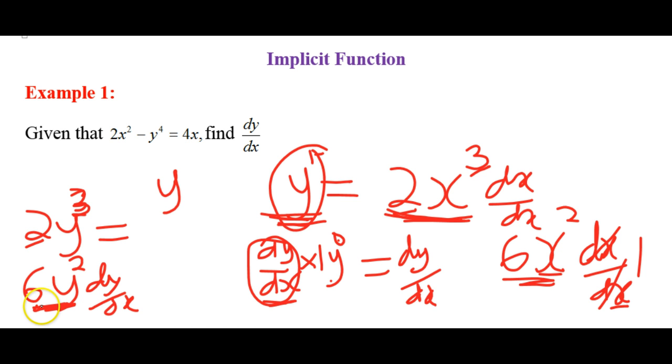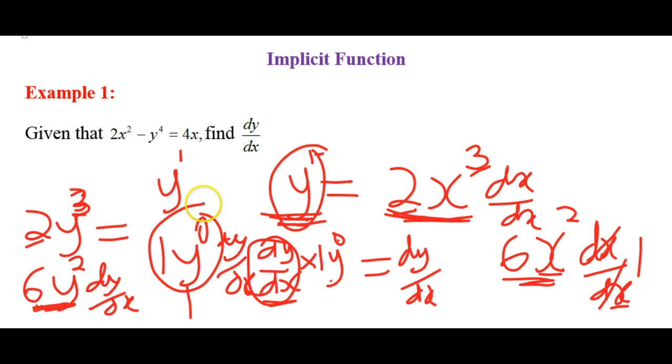But if it's just y alone, power 1, the 1 will multiply this to give you 1y to the power 0, then dy dx. It makes sense. In that case, everything here becomes 1, and so we get dy dx. That is the basic idea that I want you to carry whilst you do implicit functions.